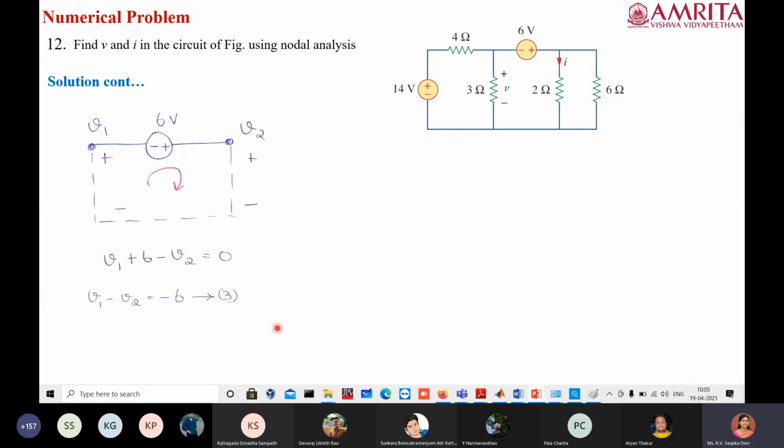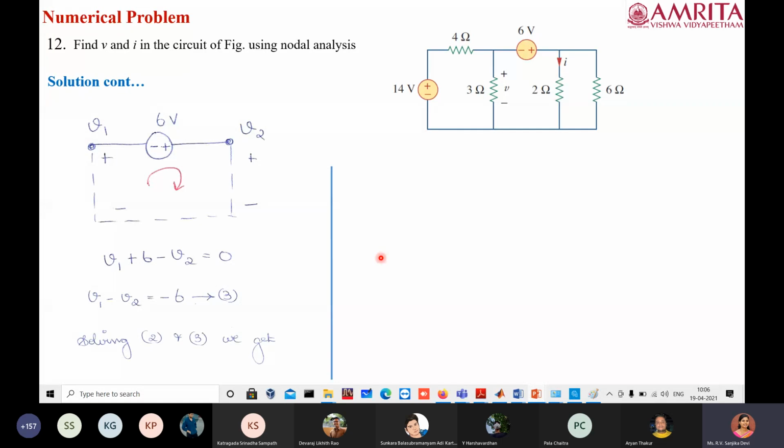So now solving the previous equation and this equation, we will find what is V1 and V2. Here V1 equal to V, right? First we will find what is V1, V2, and then we will find what is V and I. So what do we get?